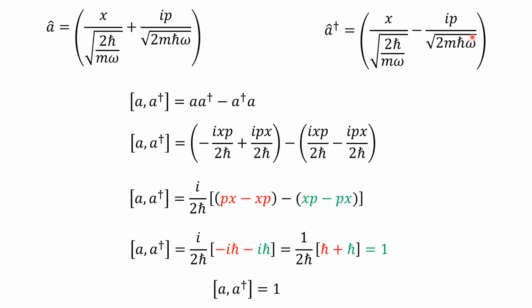So X, if you multiply with this P, the second term, you will get iXP. You are not supposed to change the order of the operators. That I have explained many times.